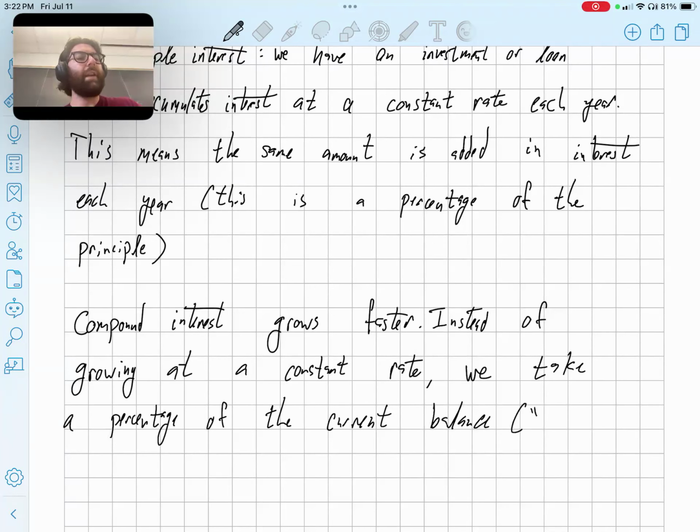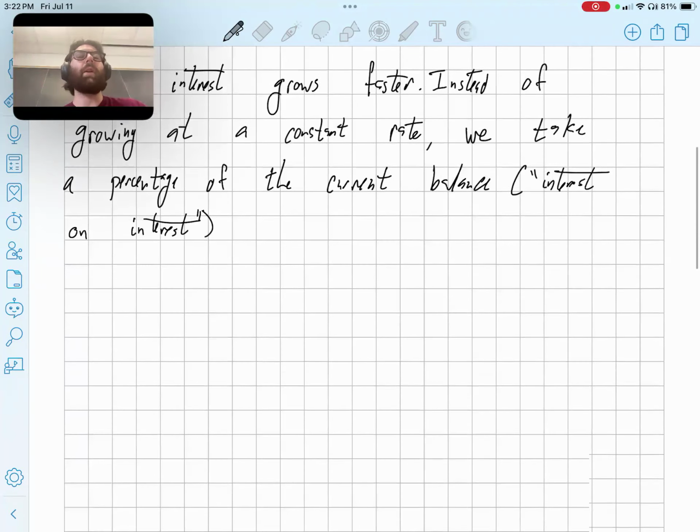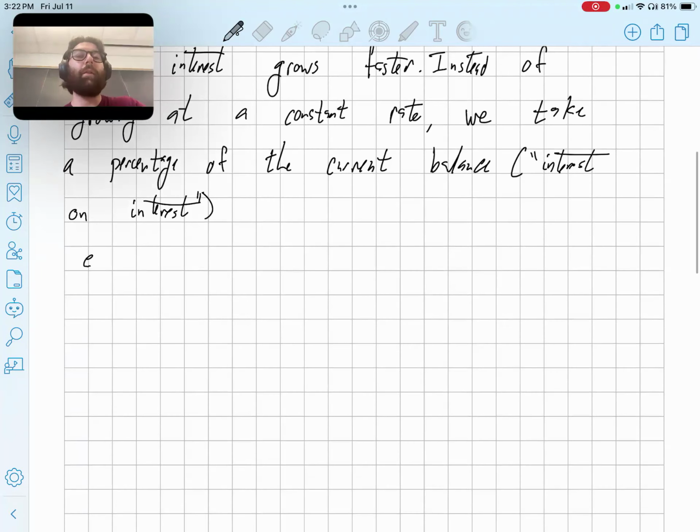And so this is sort of interest on interest. And so before I define what's going on, let's look at an example of how this would work.